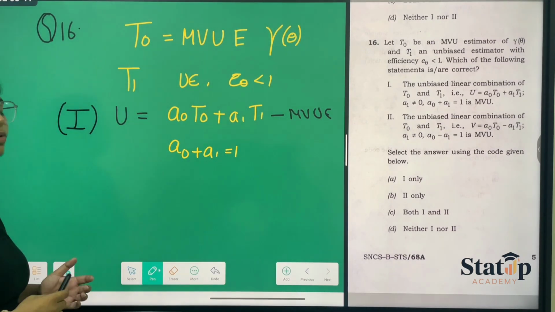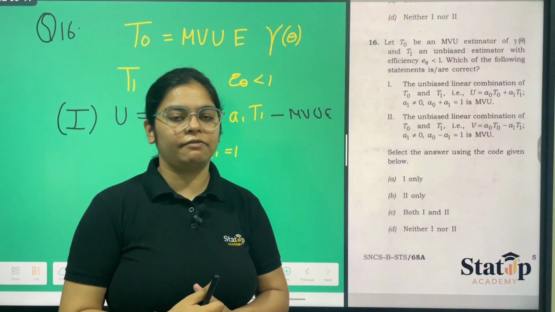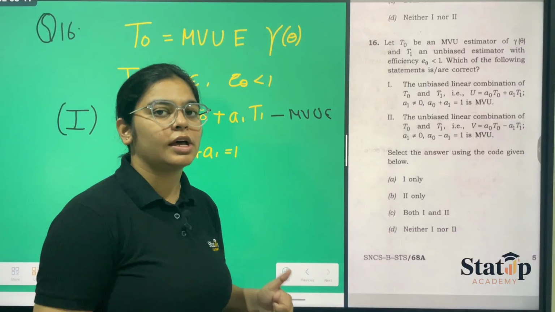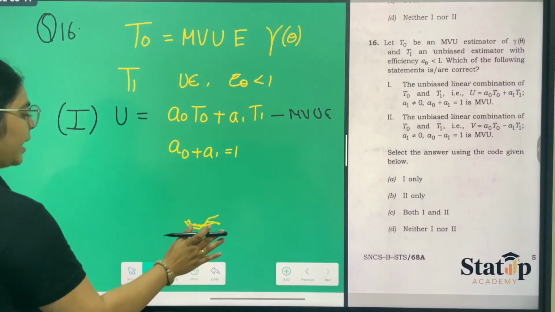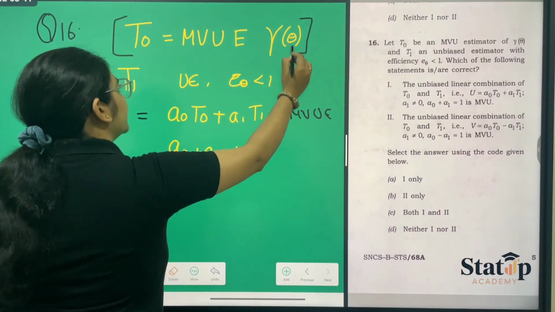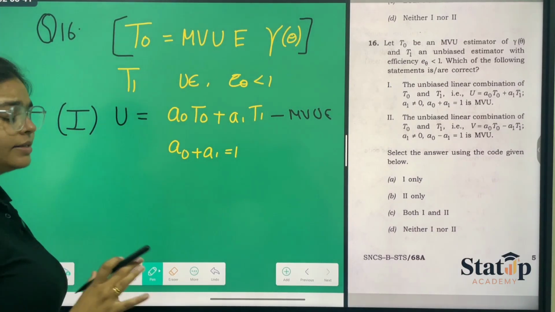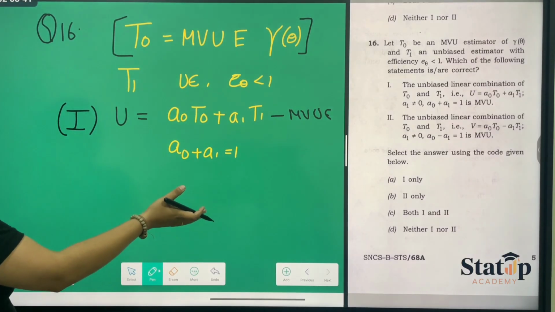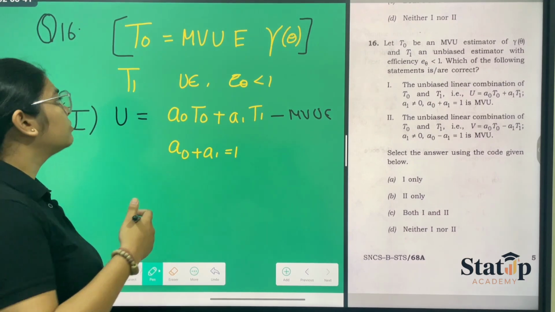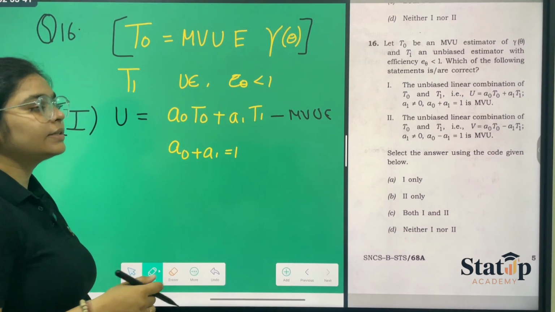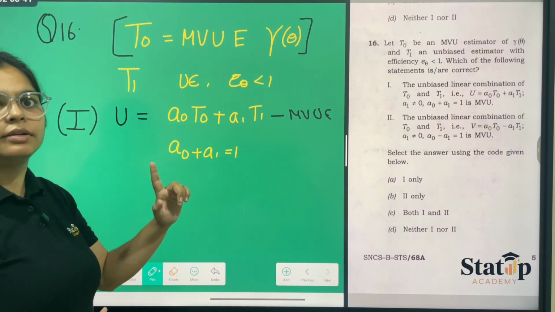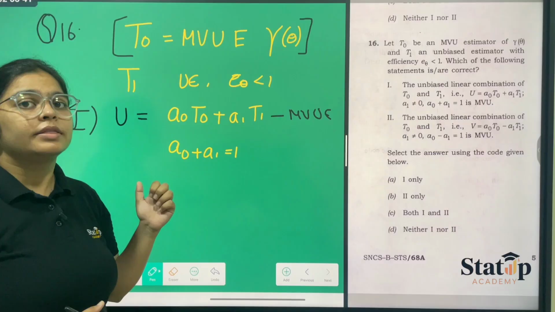Now, if you have learned the theorems of MVUE, minimum variance unbiased estimator, it says that MVUE is always unique. Hence, if they have already mentioned in the question that T naught is the MVUE, then no other statistic exists that is MVUE. It may be a combination of other statistics having less efficiency, or another statistic having less variance than this, but if one statistic has been mentioned as MVUE, then it is unique.